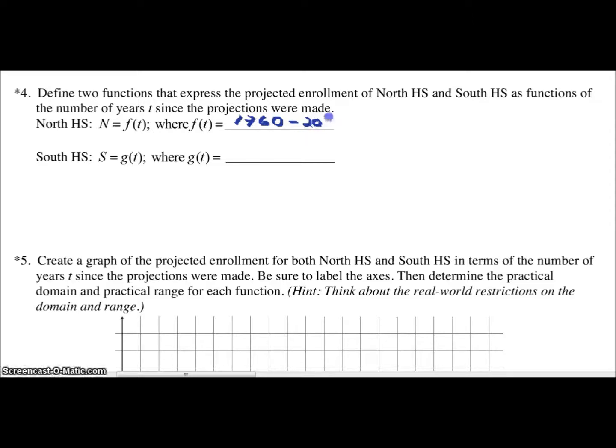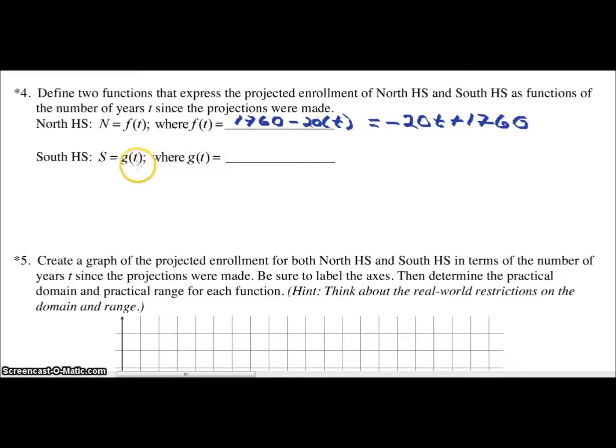So we take negative 20 times the number of years, t. You could have also written this in the familiar slope-intercept form, negative 20t plus 1760. So there we have our linear function.